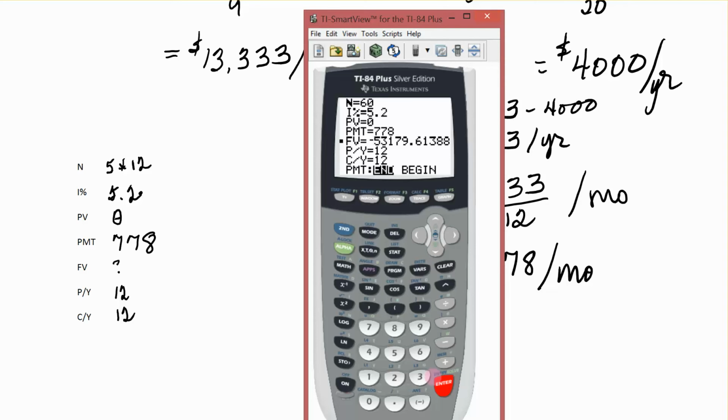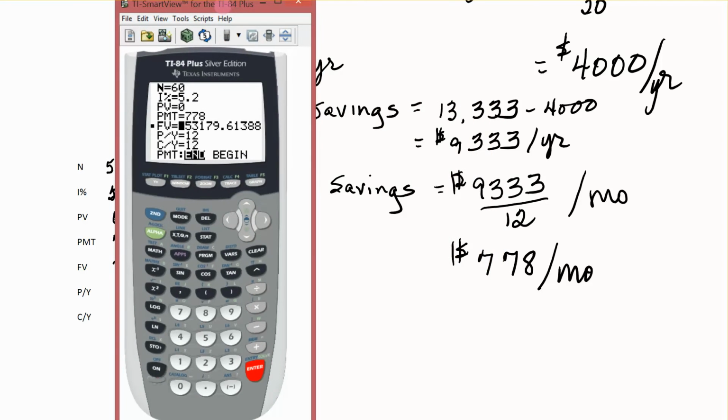It is hard to believe that after 5 years, if you saved that much in gas each month, you would have to do some traveling to be saving that much in gas.